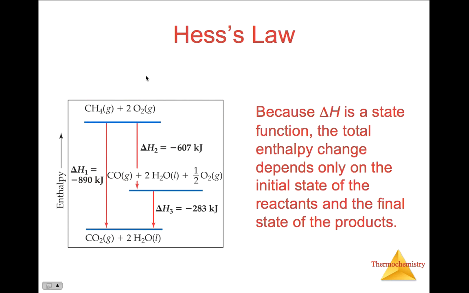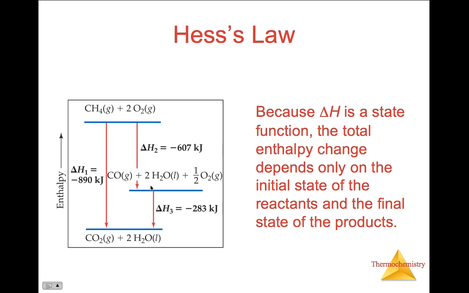If we take a little bit closer look at this enthalpy diagram, we can say, here's the start, here's the end, and the overall enthalpy for this reaction is negative 890. But if we wanted to look at it in a series of steps, we could say, okay, these two things are going to react and form these things.